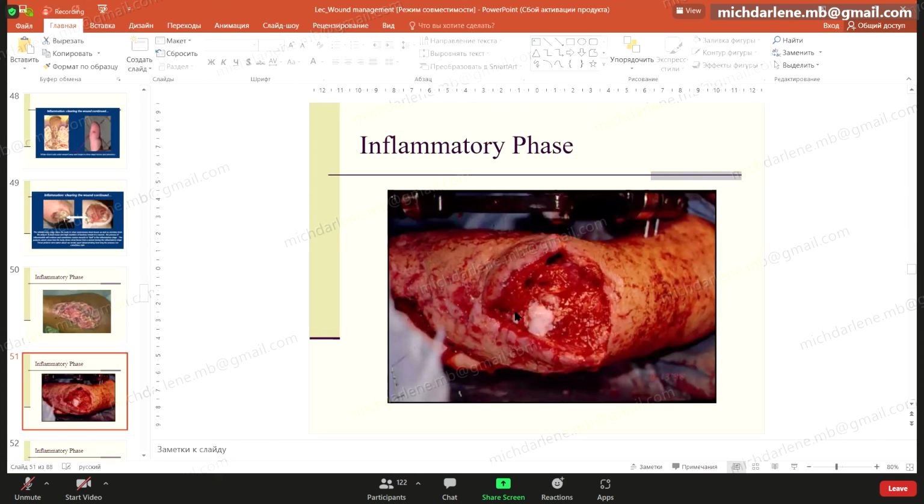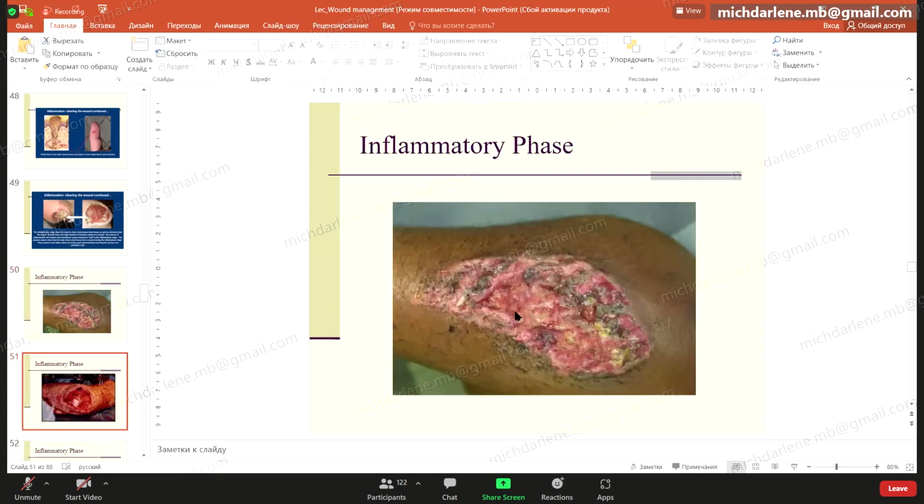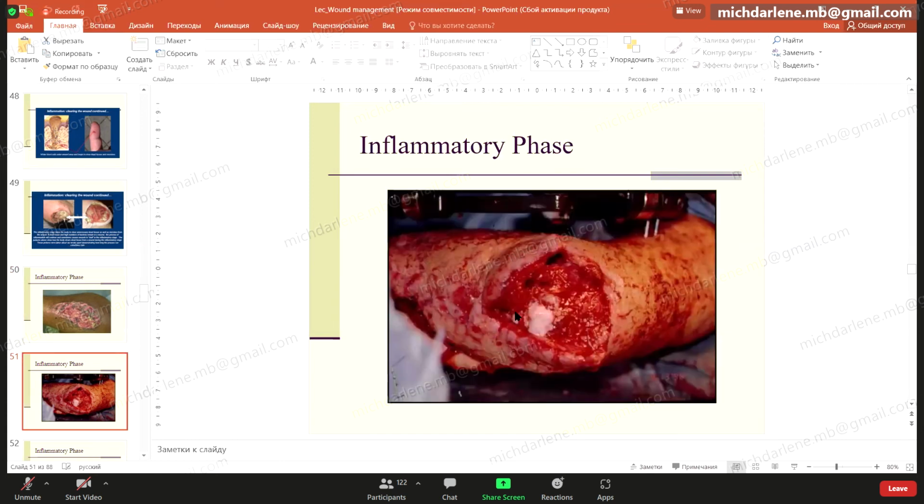Inflammatory phase: when we made the debridement of this wound, we started to check the regeneration. We clean this wound and we check that all of the surfaces are bleeding.